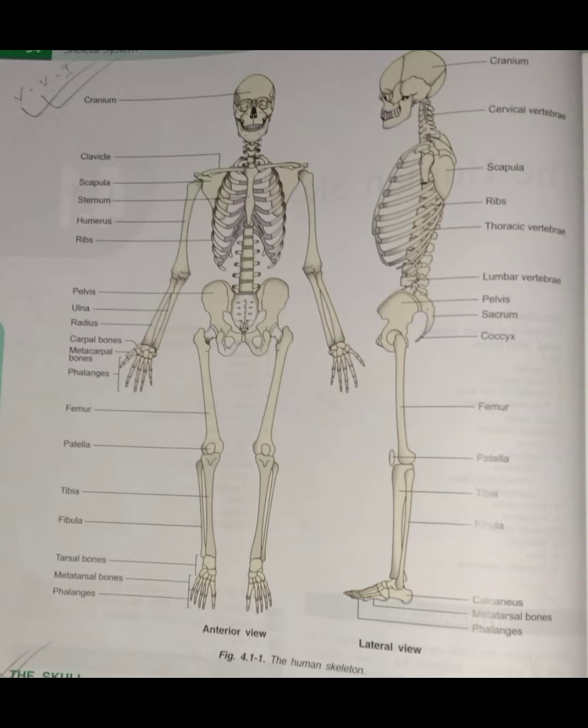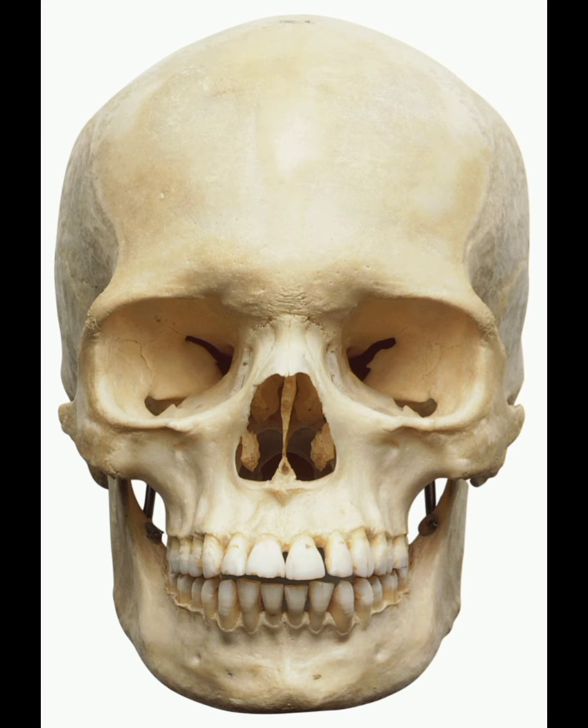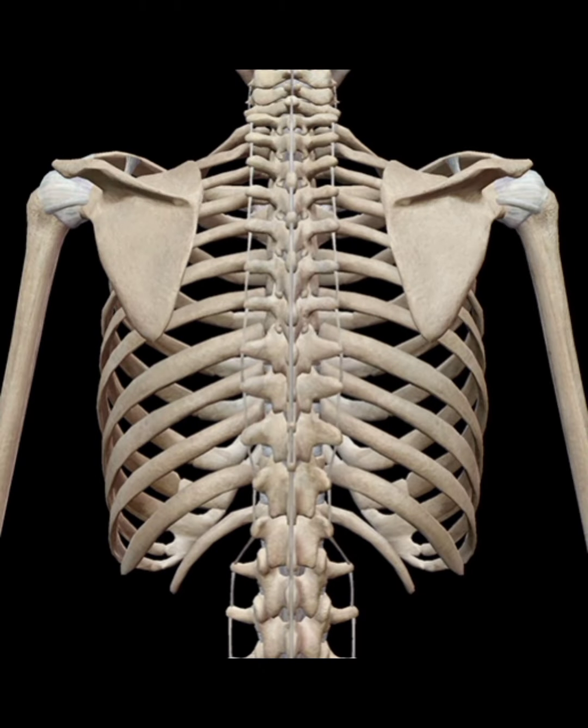And the vertebral portions: cervical, thoracic, lumbar, sacral, coccygeal. These bones form the skeletal system that forms our body structure. So that is all about the anatomy of the skeletal system.